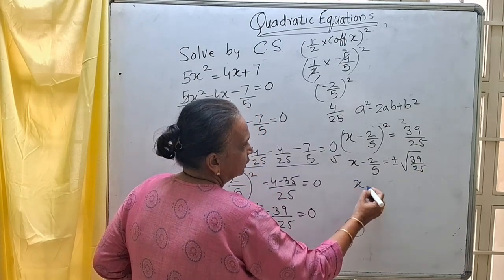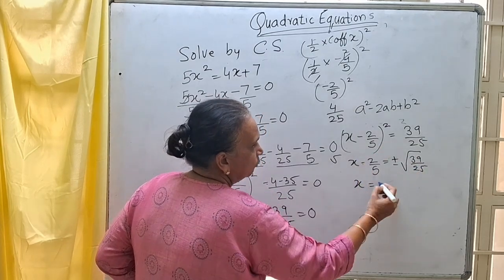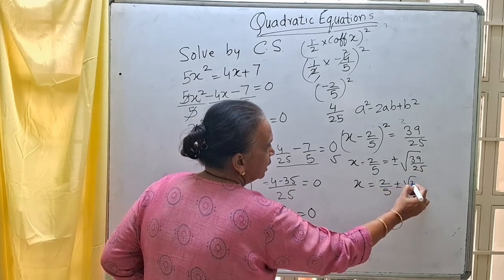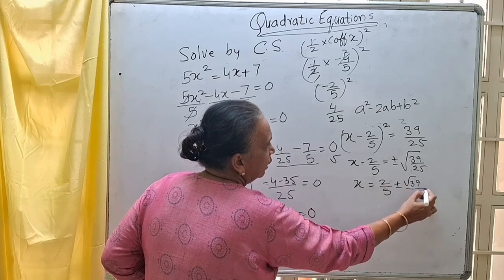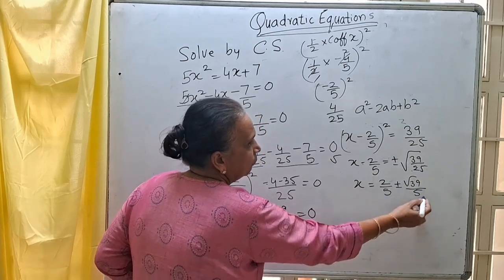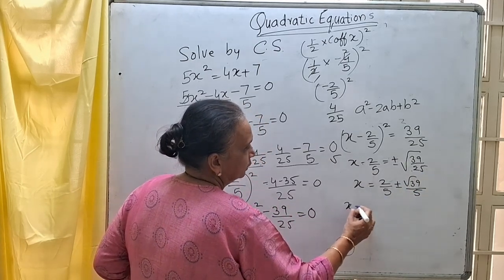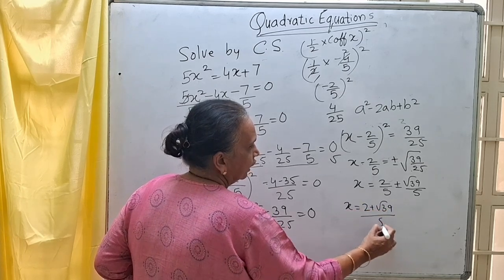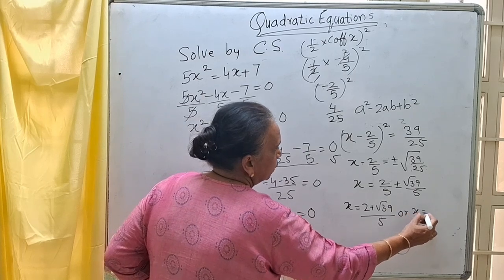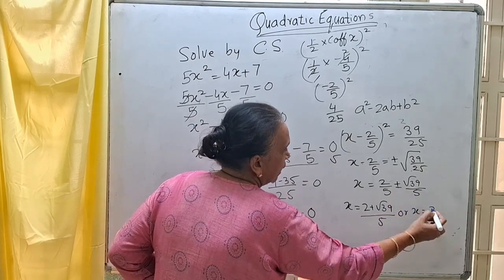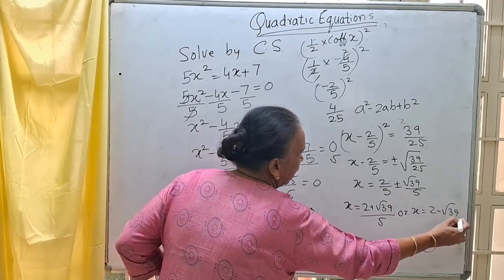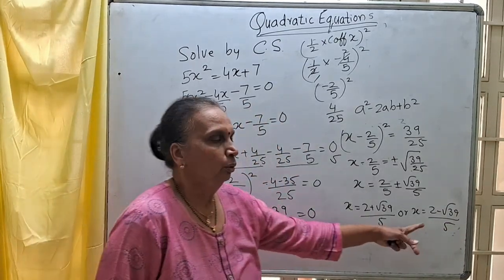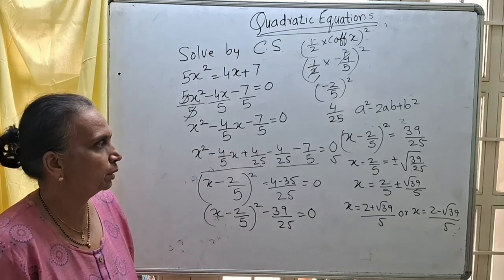So x is equal to 2 upon 5 plus or minus root 39, and the root of 25 is 5. So x is equal to 2 plus root 39 upon 5, or x is equal to 2 minus root 39 upon 5. These are the two roots of the quadratic equation.